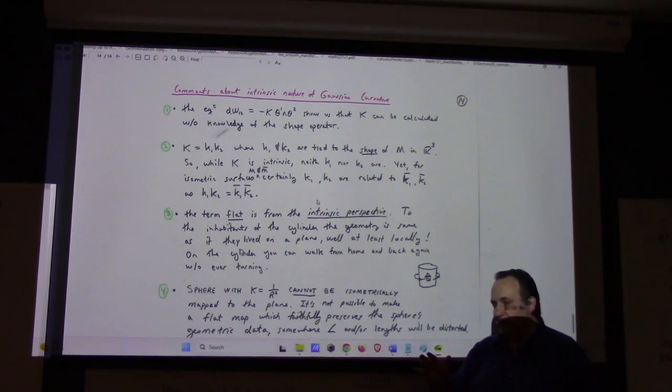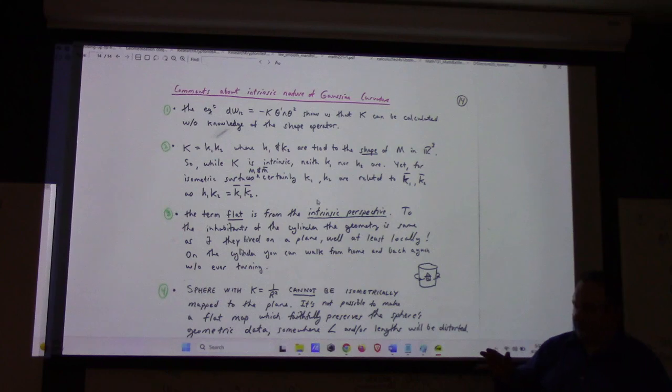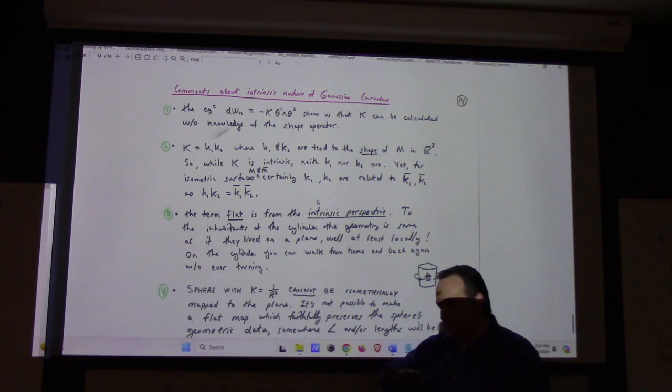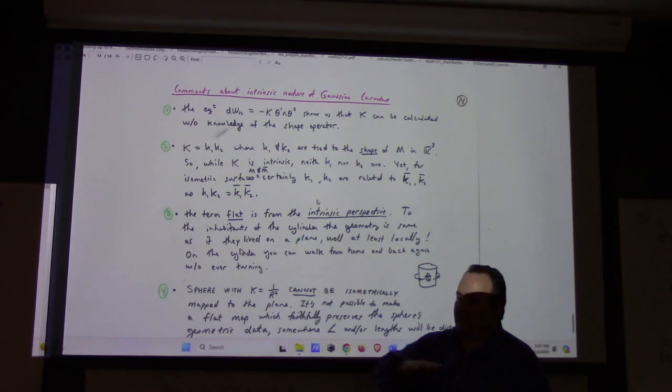This has an application to map making. You've heard the claim before that you cannot make a faithful representation of the globe on a plane, right? In such a way that you preserve distances and angles. If you could, that would be a local isometry of the globe onto the piece of paper.